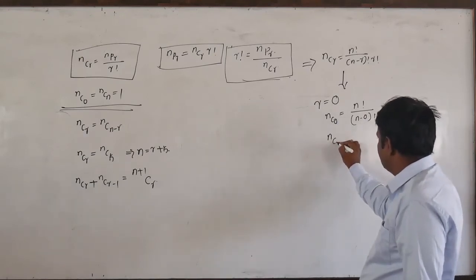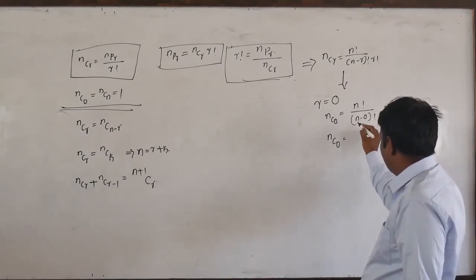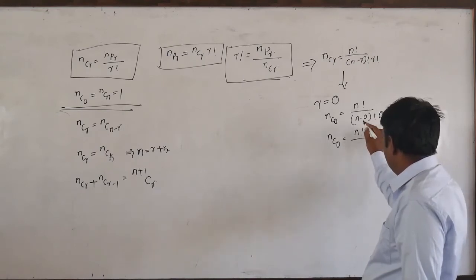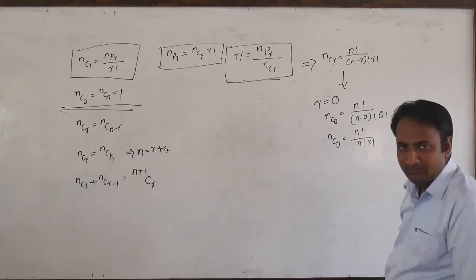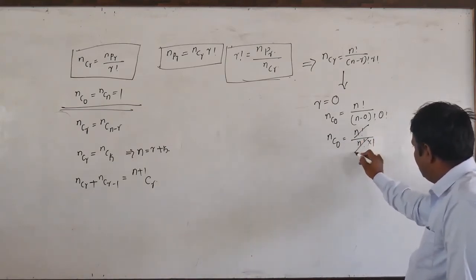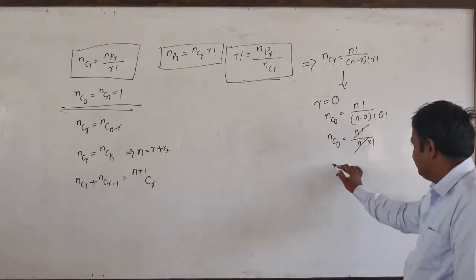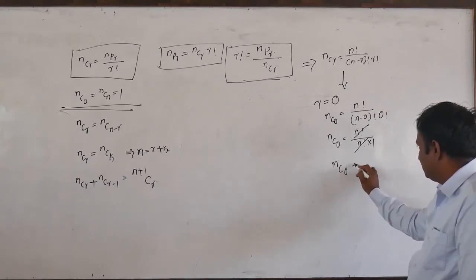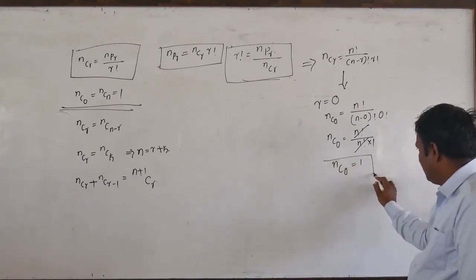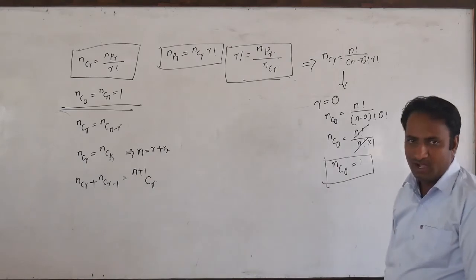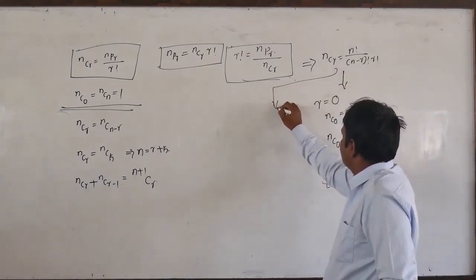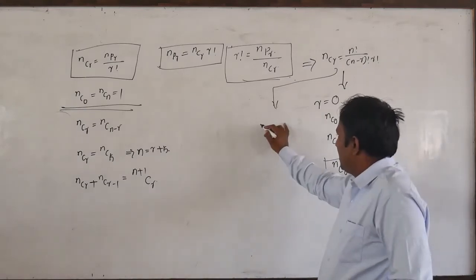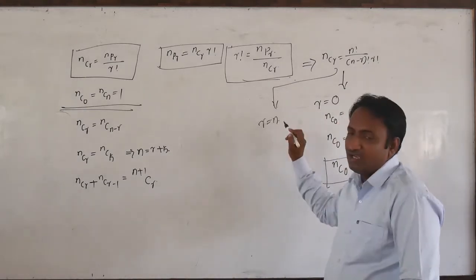Here nC0 is equal to n factorial divided by n factorial. 0 factorial value is 1. Here n factorial gets cancelled. nC0 is equal to 1. This is our answer.